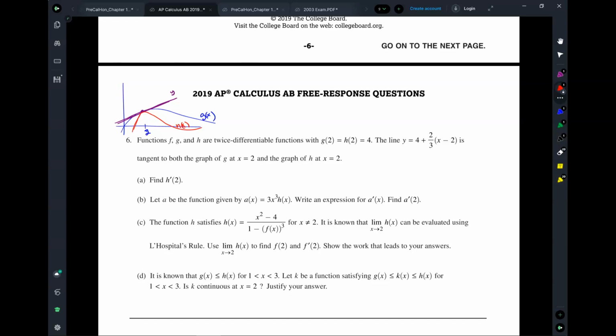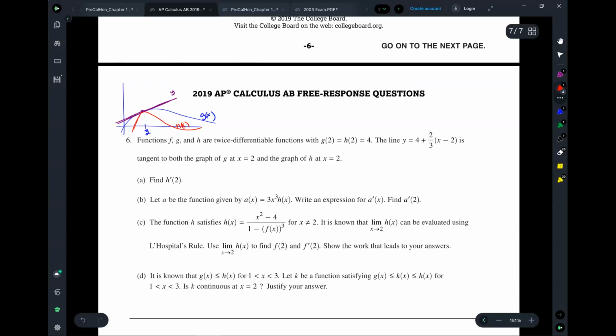So if one line is tangent to two graphs at the same point, what does it tell you about what's happening to the two graphs at that point? They're intersecting, they're touching at that point, right? And it also tells you that g of 2 and h of 2 is 4.